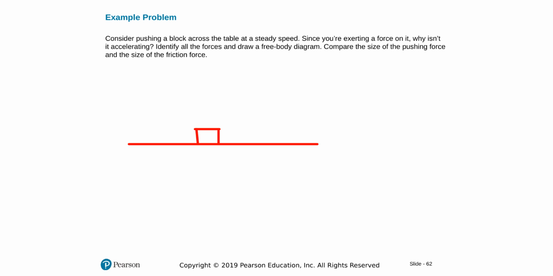And we apply a force to that block. So let's apply that force. What else do we know? Steady speed, so it's going in this direction, and the velocity is constant.